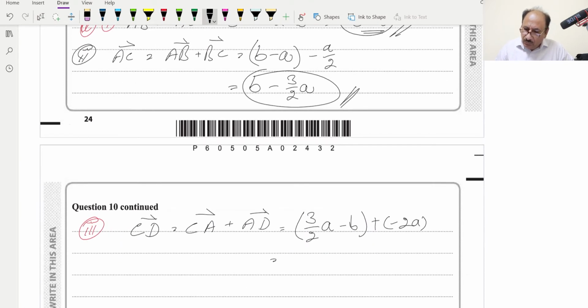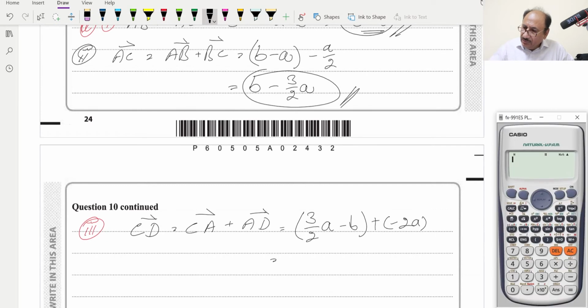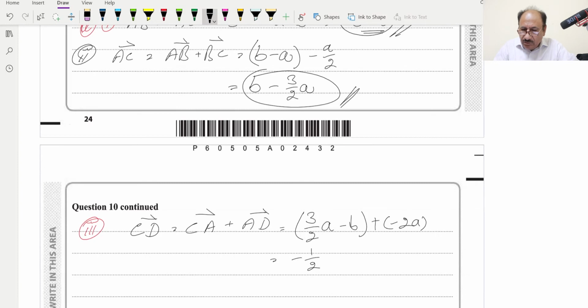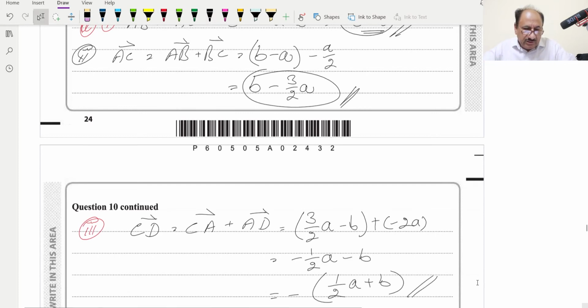So 3 by 2 minus 2 will be minus 1 by 2 A, minus 1 by 2 A, and minus B, or we can take minus common, so inside will be 1 by 2 A plus B. So this will be the final answer for this part.